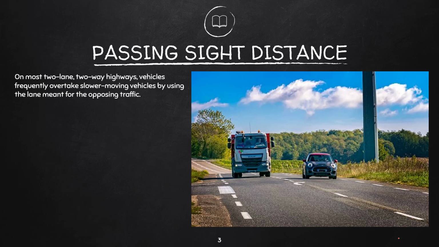So on most two-way highways, vehicles frequently overtake slower moving vehicles by using the lane meant for the opposing traffic. So in this image, you see here, you have a truck and you have here a car. This is a two-way highway, meaning there is one lane for northbound and one lane southbound.